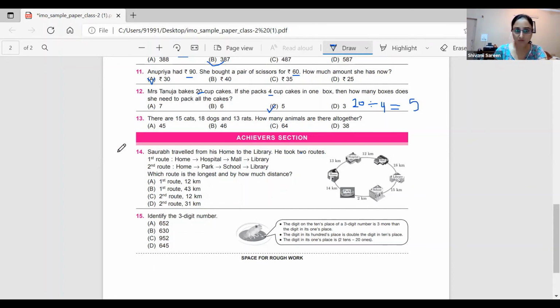Moving on to the next question. There are 15 cats, 18 dogs and 13 rats. How many animals are there all together? When all together comes, that means we need to do addition. So let's calculate 15, then I need to add 18, and then I need to add 13.